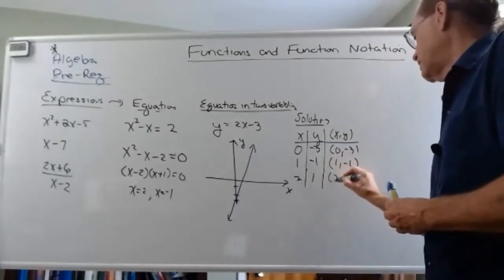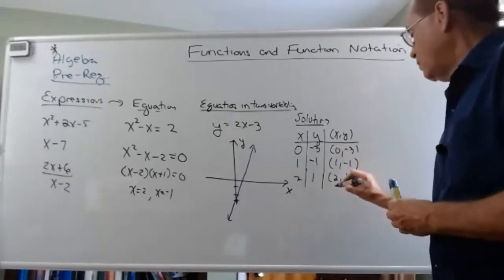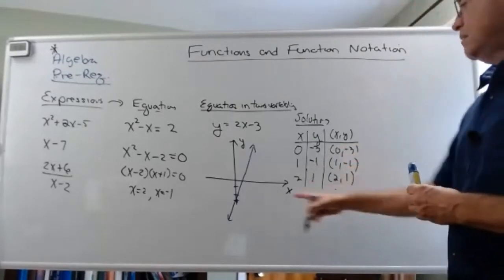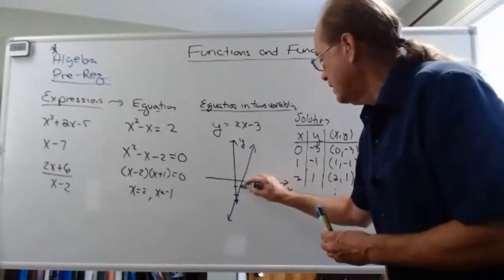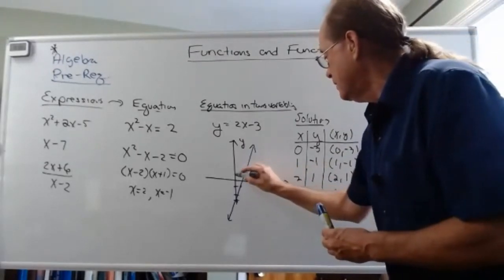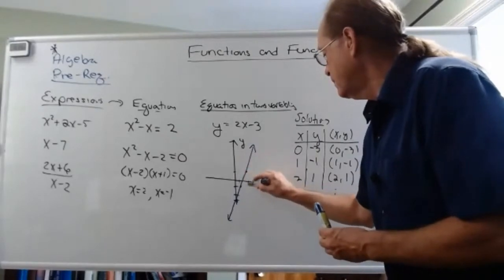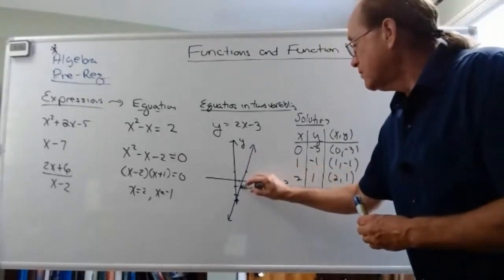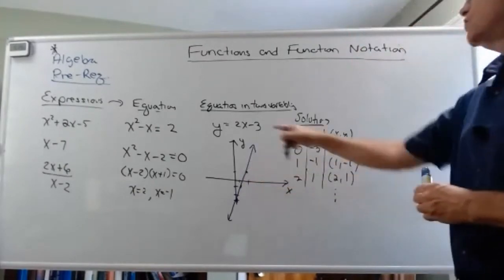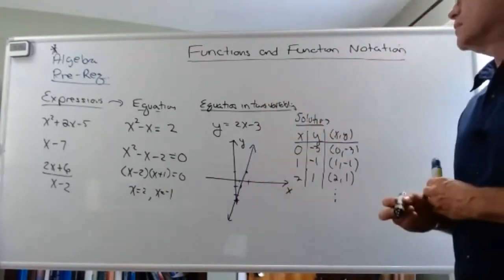That gives you the other ordered pair. But again, we know we can't do them all, but that's what it would look like. It would be this point over here. You had the 1 point here, and then 2 comma 1 would be over here. And all of those ordered pairs were solutions to that equation in 2 variables.